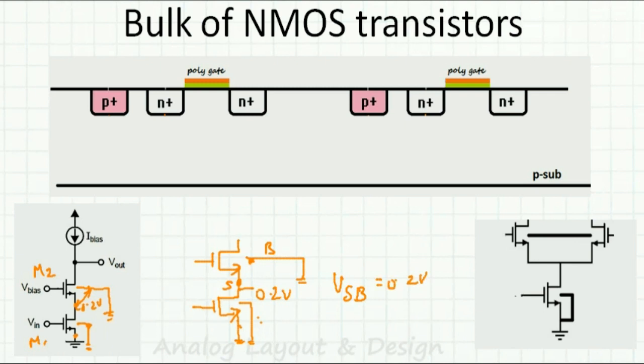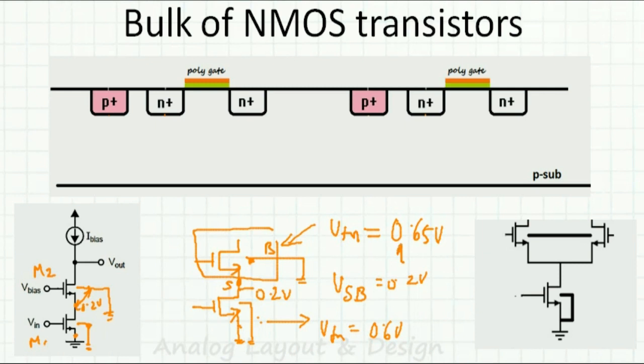Then what happens is, for this NMOS transistor, the VTH will increase. For this transistor, say VTH is 0.6 volt. For this transistor, VTH will become around 0.65 volt. VTH will increase, which is a disadvantage. So this effect is called the body effect.